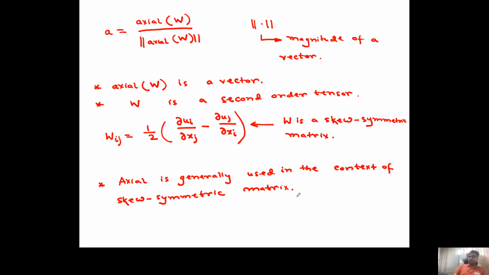Axial is the one that gives you the vector in the direction of the axis about which the rotation takes place. So axial of W is a vector in the direction of the axis about which rotation takes place.